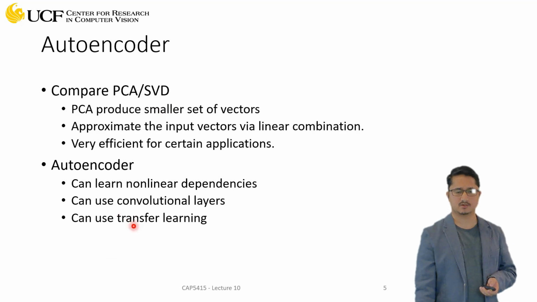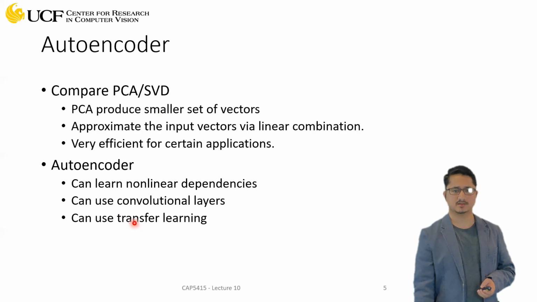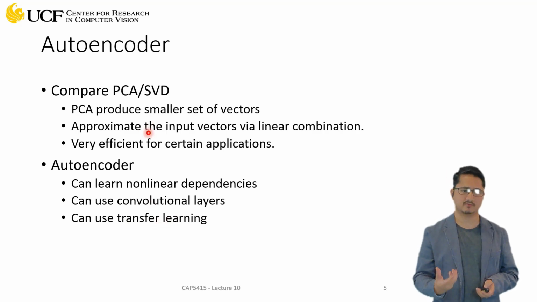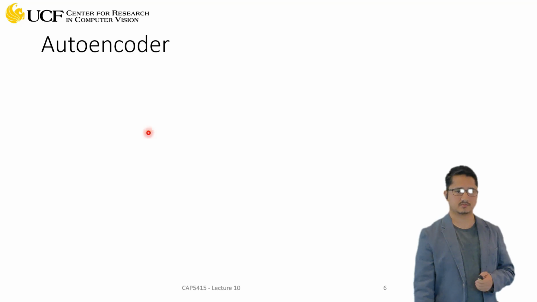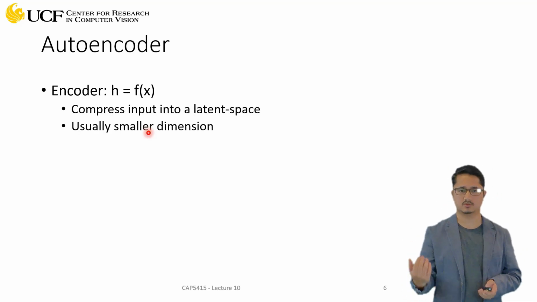Autoencoders try to do the same thing, but in this case, we are trying to actually learn it from the data. In PCA, it's not learning, you're just extracting what is there. PCA is a known algorithm, right? You have a certain set of steps, there's no learning involved.